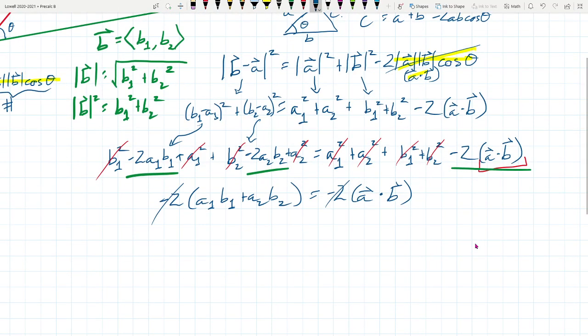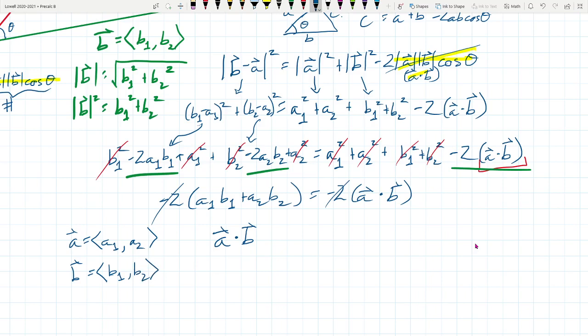I'm going to flip the sides here and say that a dot b equals... again, remember that vector a is equal to a1 comma a2, and vector b is equal to b1 comma b2.